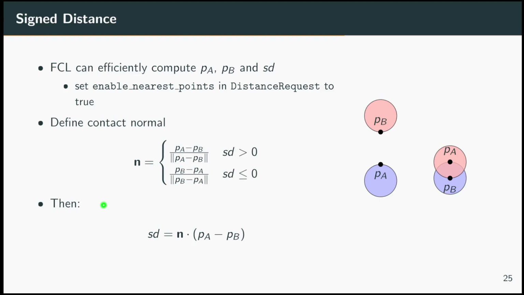Then the Flexible Collision Library that you learned about already can compute these three things fairly easily. If you create this distance request, you just have to enable one flag, and then in the output object there will be fields filled with the values. By default it's false, because it takes a little more time to compute that than a binary check of whether there's a collision or not.